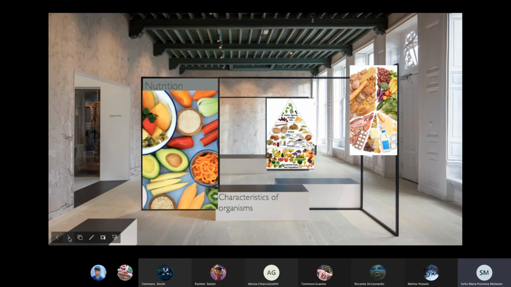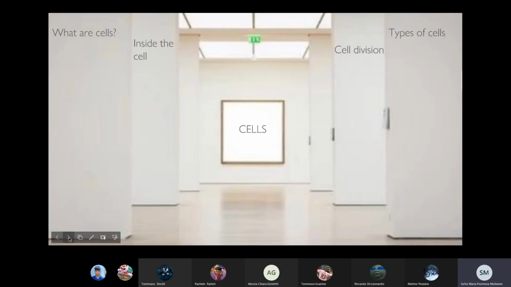We also have nutrition, which is the taking in of materials for energy, growth, and development. And here I've put pictures of foods because this is what we humans get nourished with, but obviously plants and animals don't eat the same food that we do.